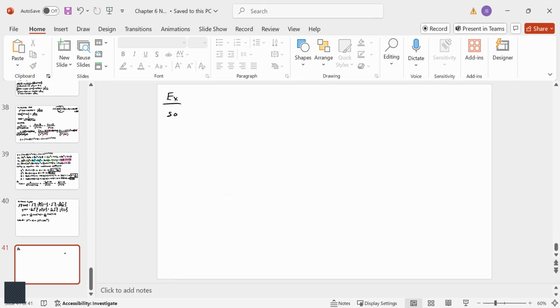So solve the IVP. y double prime minus 2y prime plus 10y equal to 0, given y of 0 equals 0, and y prime of 0 equals 3, right?